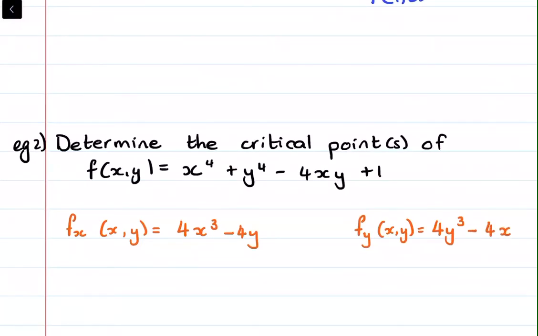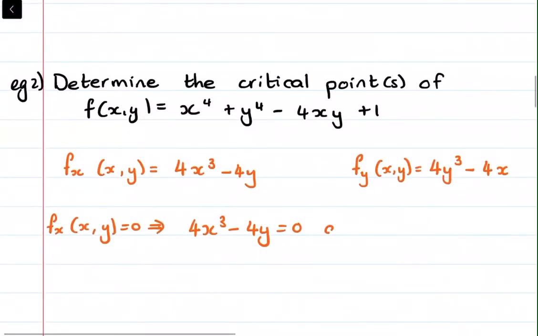So in order to find the stationary or critical point, we are supposed to set these derivatives equal to 0, meaning that f subscript x equal to 0 means that 4x cubed minus 4y is equal to 0. And remember that the definition has "and": 4y cubed minus 4x is equal to 0.